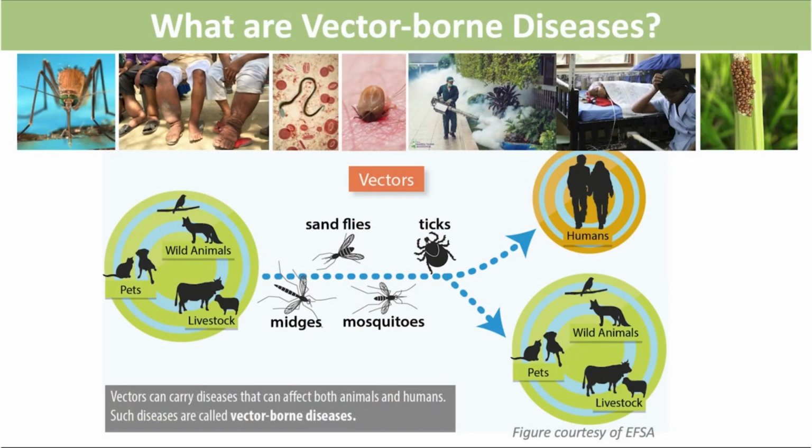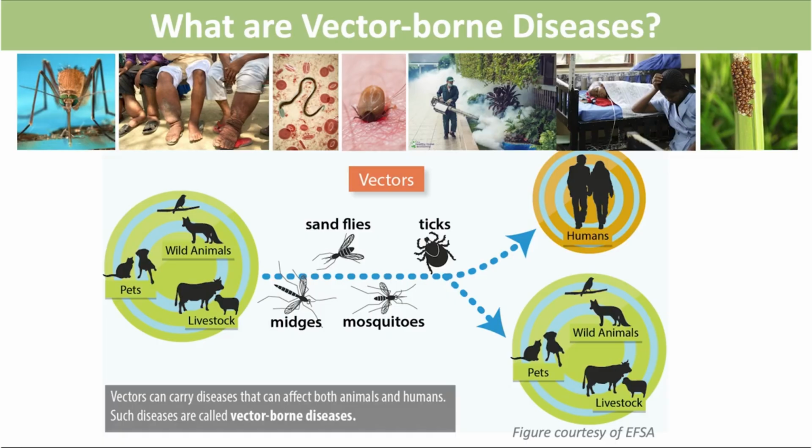So what are vector-borne diseases? Vector-borne diseases are illnesses that are caused by a variety of pathogens like parasites, bacteria, or viruses that are transmitted to humans and animals through the bite of infected arthropods, such as mosquitoes, ticks, and, for instance, fleas.